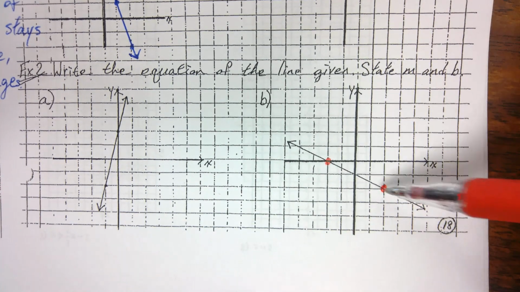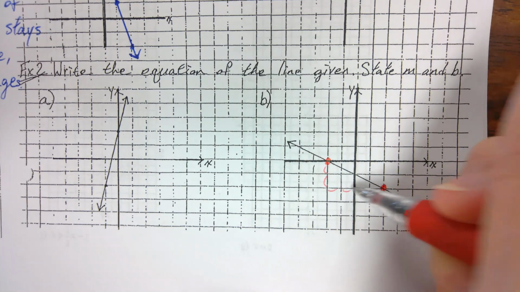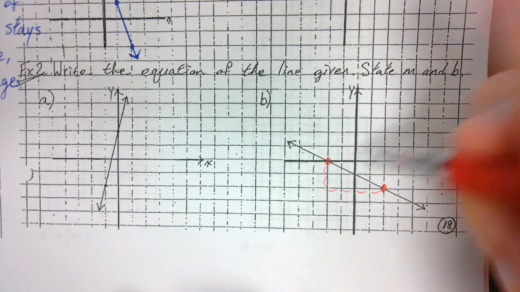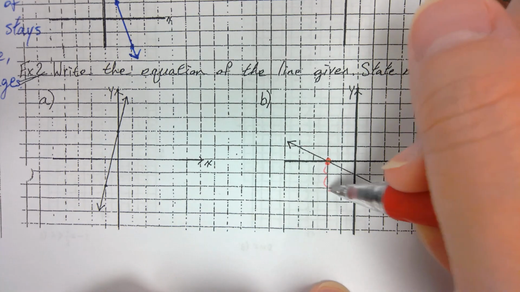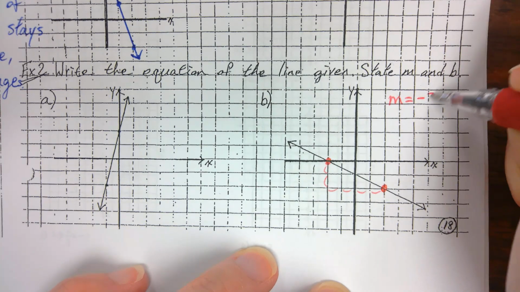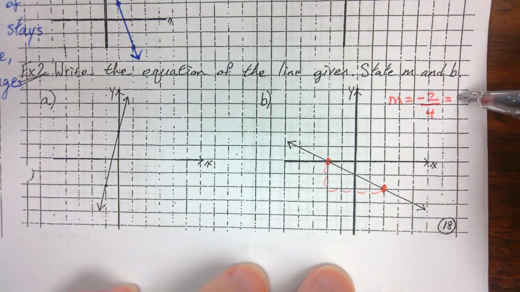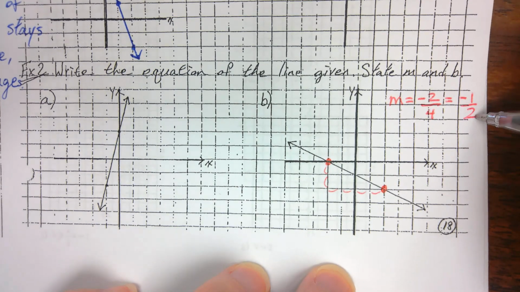So let's say it's these 2. Then I just do my slope. Okay, so down 2 over 4. So my slope is down 2 over 4. Oh, guess what? I could reduce this to negative 1 over 2.